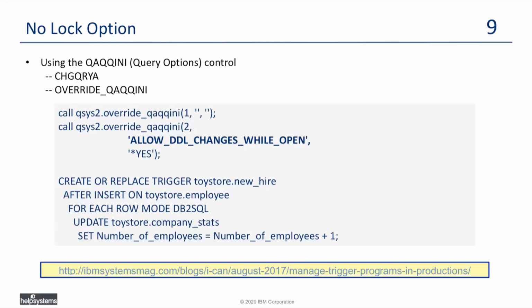So of course, in this case, we're using allow DDL changes while open, star yes, the default is star no. And then if we followed that with our create or replace trigger program, we're not going to attempt to get the exclusive lock, so this would never fail because you can't get the exclusive lock.